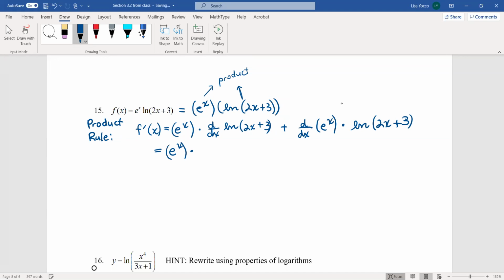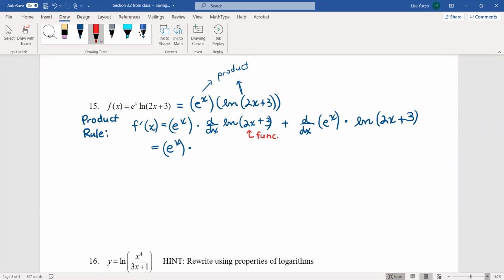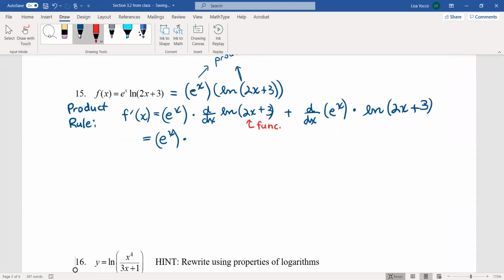All right, here's the new rule for this section. My function is that 2x plus 3. So for the derivative of the ln of a function, the rule is 1 over the function, 2x plus 3, times the derivative of the function.